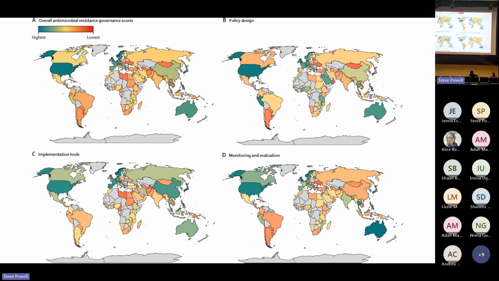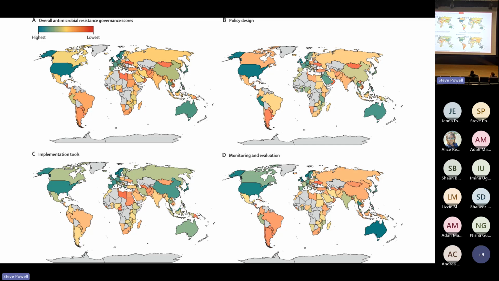Some nations are grey, we just don't have enough data to comment. But we can see that good antimicrobial resistance governance comprises, I can't even see at the top, is it policies on the top right? Top right map, antimicrobial policies; bottom left, the tools to implement these, again, through healthcare, guidelines, laboratory systems; and on the right, the monitoring and evaluation.